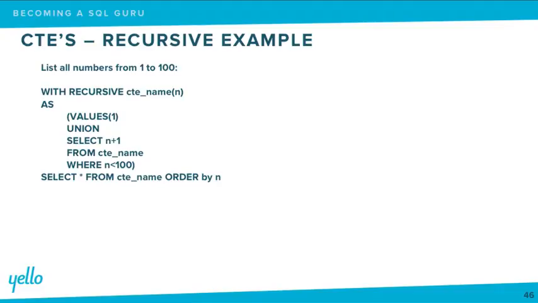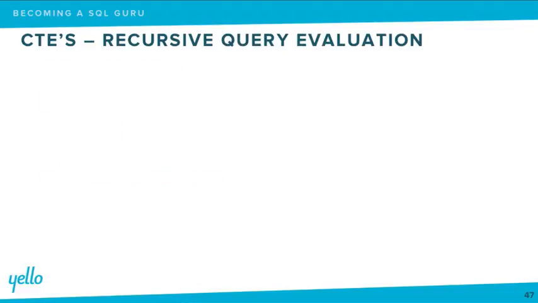I'm then doing a UNION where I'm selecting the n from my CTE plus 1 for as long as n is less than 100. Then I'm doing a select from that CTE, and I'm ordering by n. So this will produce a list of numbers from 1 to 100. I don't display them because it's long.